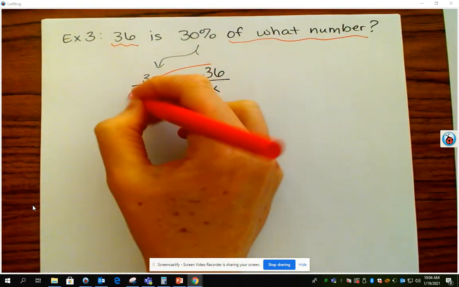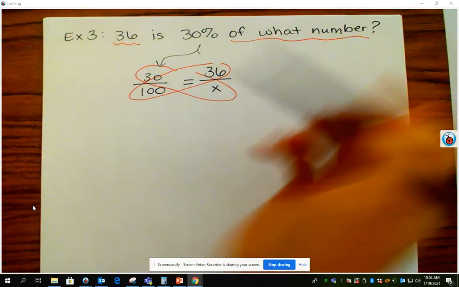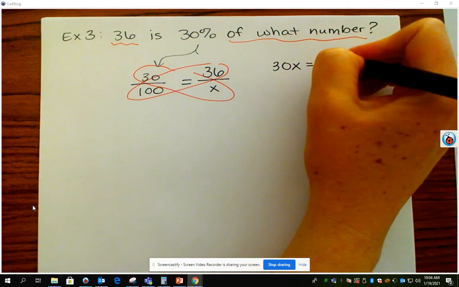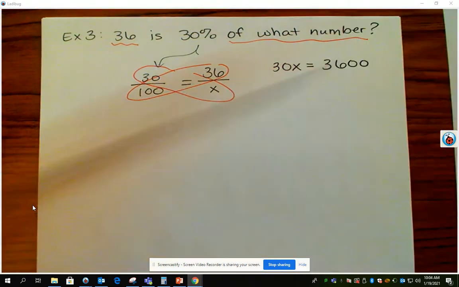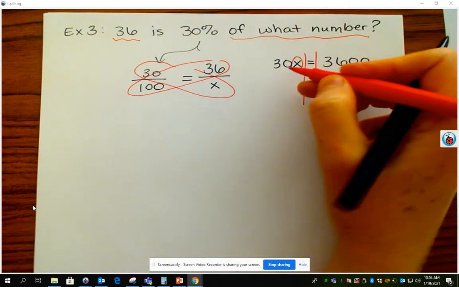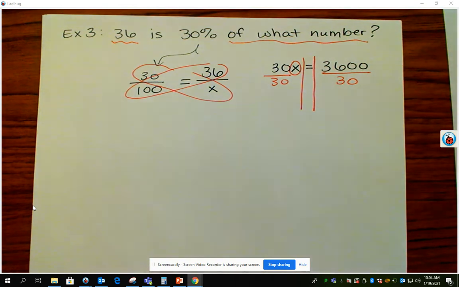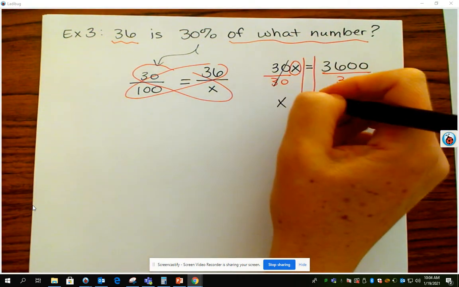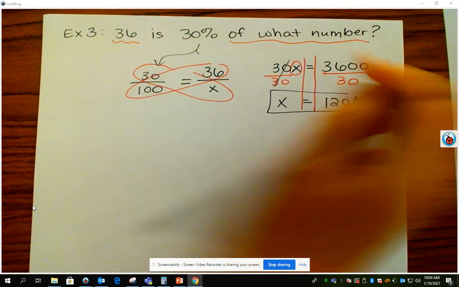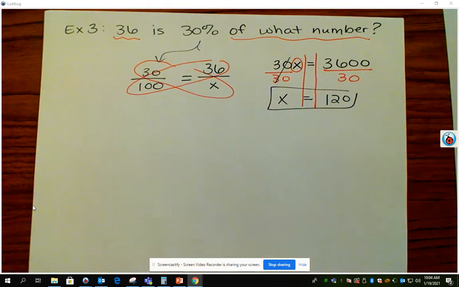Now we're going to cross multiply. 30 times x is 30x. 36 times 100 is 3600. Then solve for x. Get rid of that 30 by dividing. So that means x equals 120. So 36 is 30% of 120.